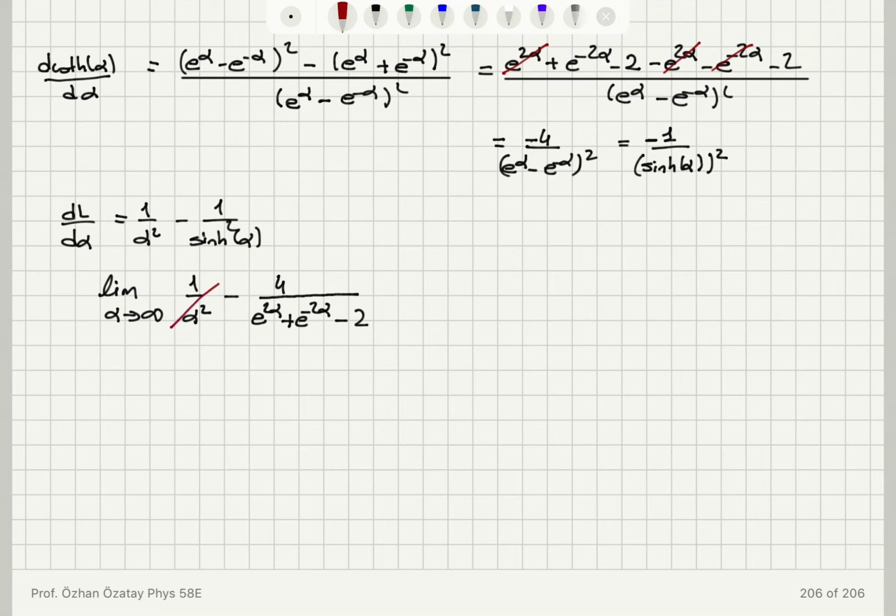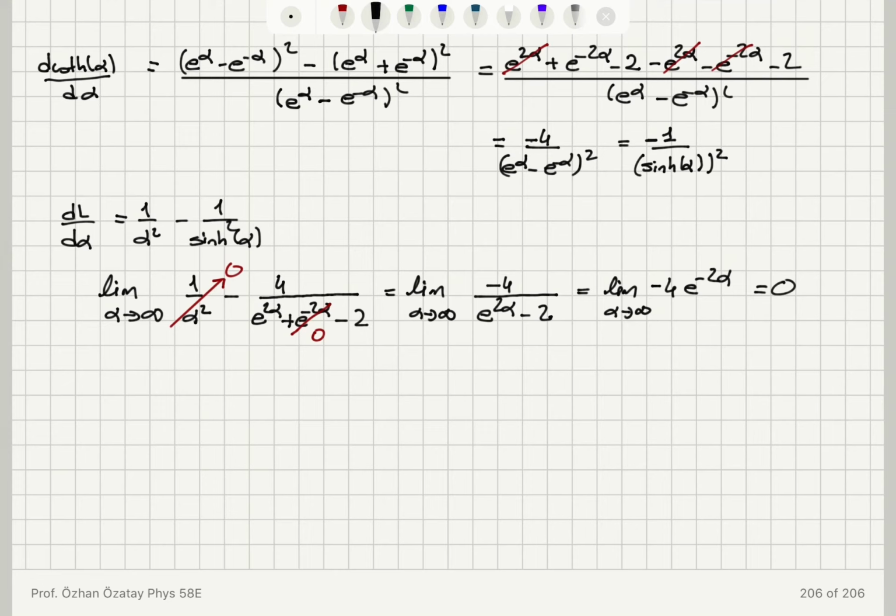As alpha goes to infinity, this becomes 0. Here I have the limit as alpha goes to infinity of minus 4 divided by e to the 2 alpha minus 2, and minus 2 will be negligible, so this will become the limit of minus 4 e to the minus 2 alpha, which will be equal to 0.